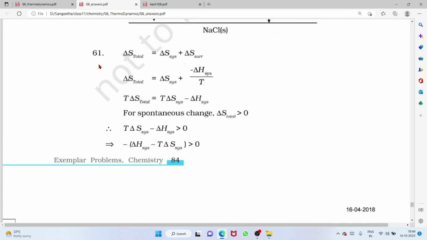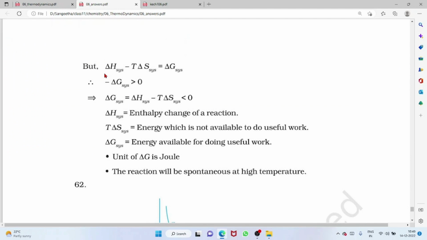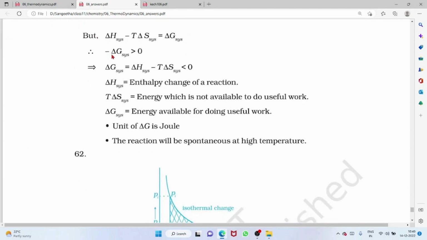For spontaneous, this entropy is greater than 0. Unit of delta G is in joules. Reaction will be spontaneous at high temperatures.